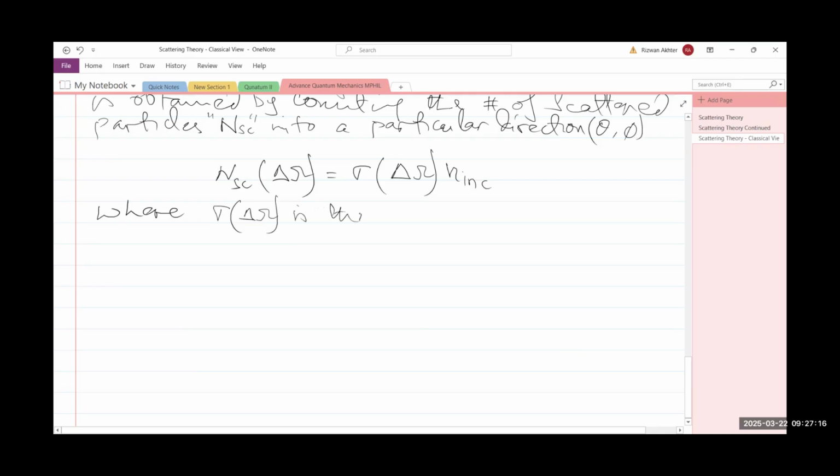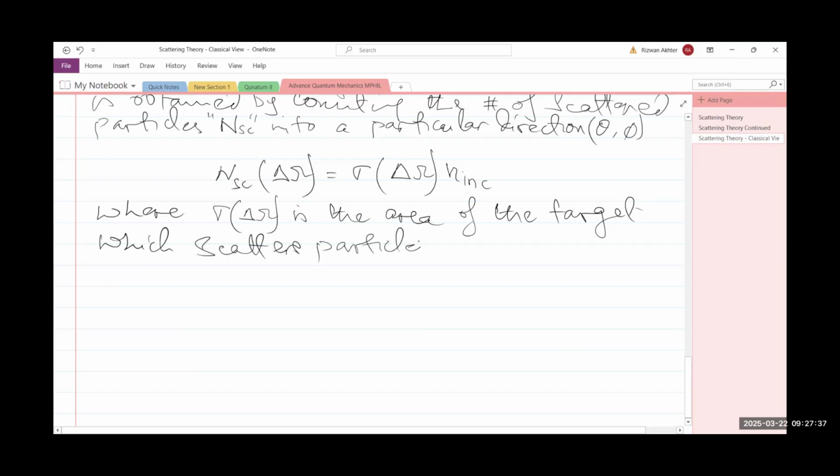It is the area of the target which basically scatters particles into the solid angle delta omega.